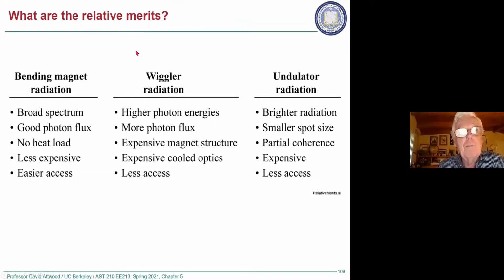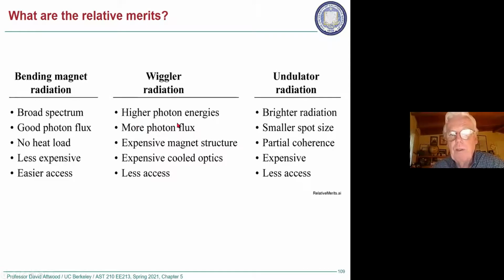What are the relative merits of the bending magnet, the wiggler, and the undulator? The bending magnet gives a broad spectrum, a decent photon flux, and very little heat load on your optics, so it's an inexpensive beamline to build, and it's easy access. Graduate students generally could find easy access to beam time there. The wiggler radiation looks like bending magnet radiation, but at a higher photon energy, typically by a factor of 3, and you can also go to 4 times critical.